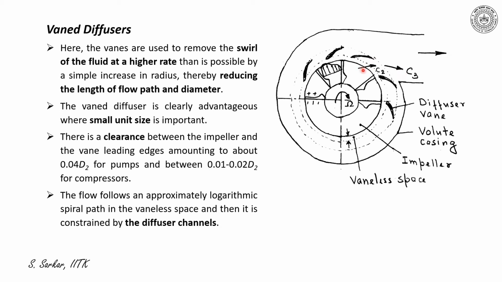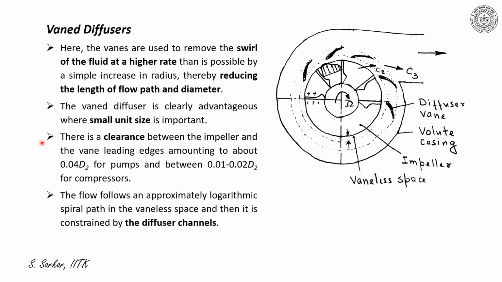So the air is first diffused in the diffuser and then in the volute casing. And here, as I have indicated, swirl of fluid is removed at a faster rate, and thus the size of the unit is relatively small.